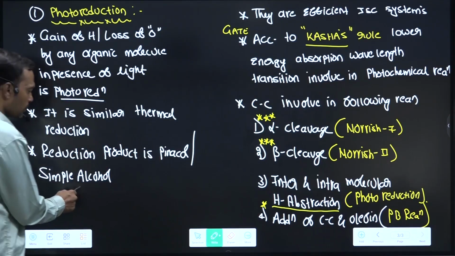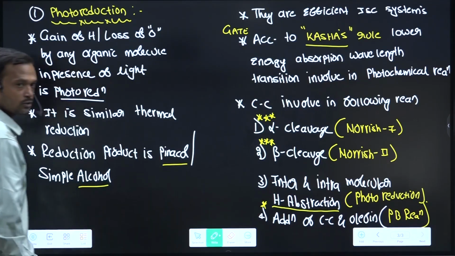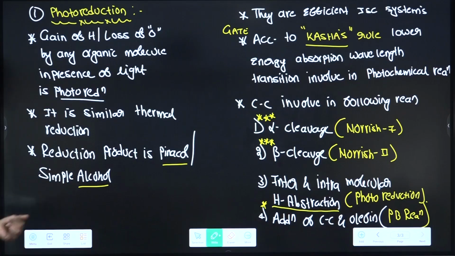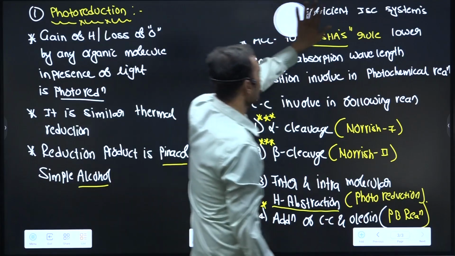So simple alcohol means only 1 hydroxy, here 1,2 hydroxy. Here pinacol is major, in most cases of photo reduction. Reduction product is pinacol or simple alcohols, that depends upon hydrogen donor.